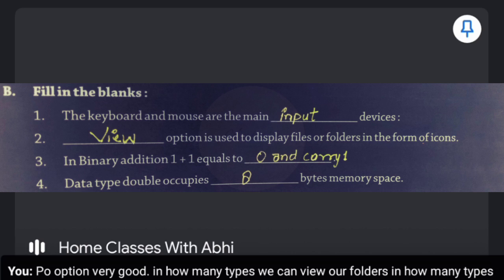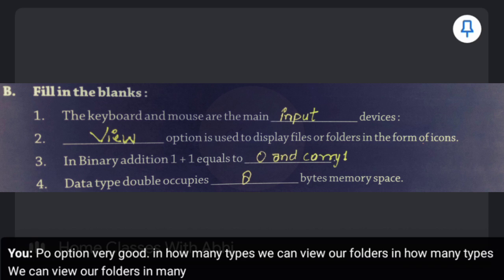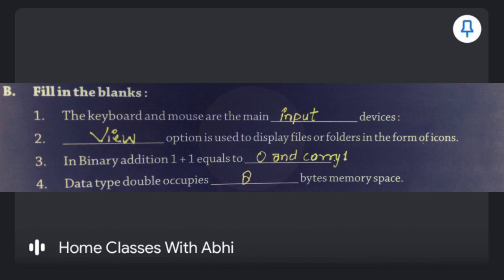We can view our folders in many types like extra large icons, medium icons, small icons, list, and details. So these are the different view options which are available.